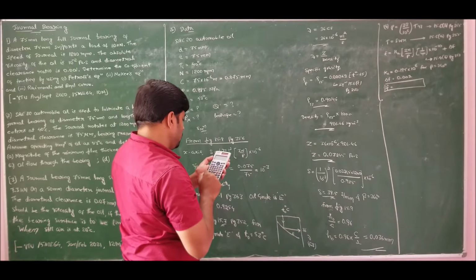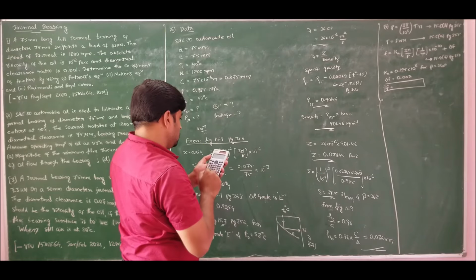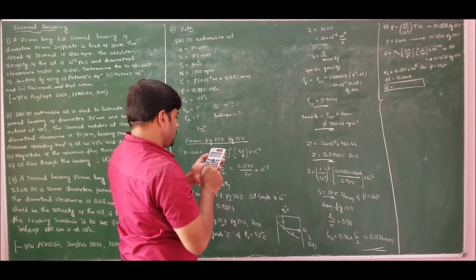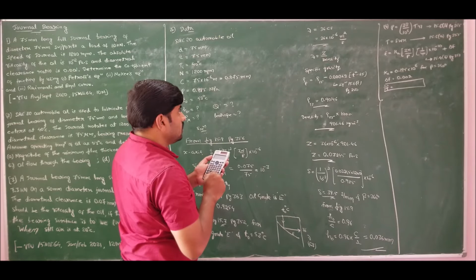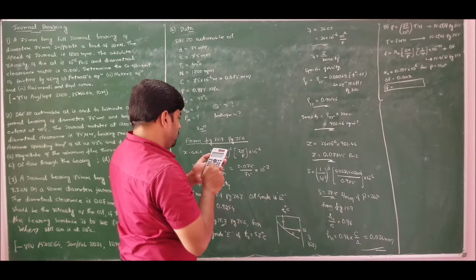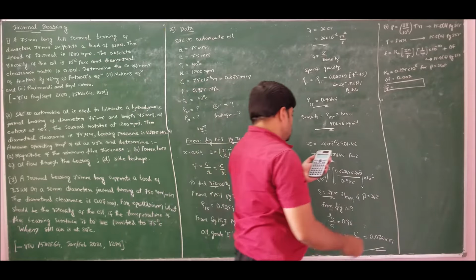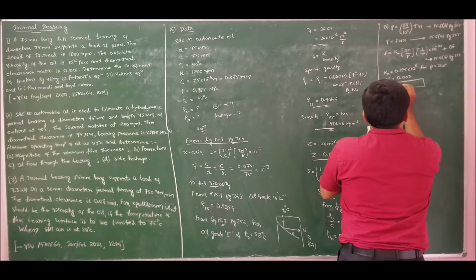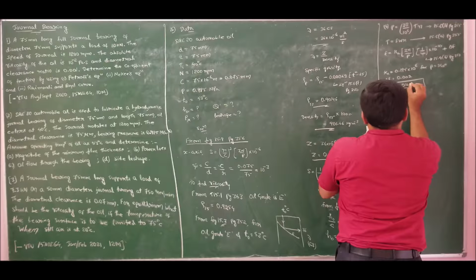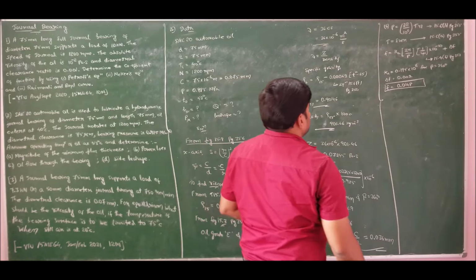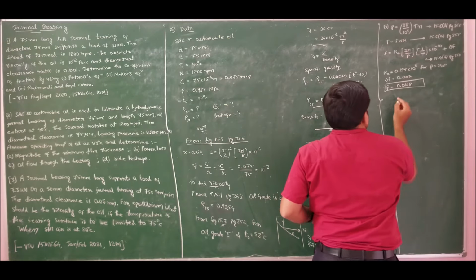This has to be multiplied by 1 by xi, 1 by 10 power minus 3, whole multiplied by 10 to the power of minus 10, plus 0.002. Hence the coefficient of friction for this problem is 0.0148. Now substitute this in the torque equation.